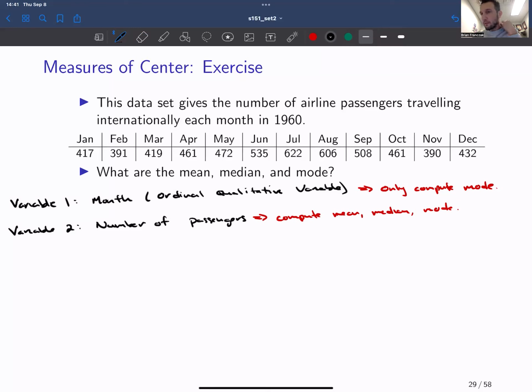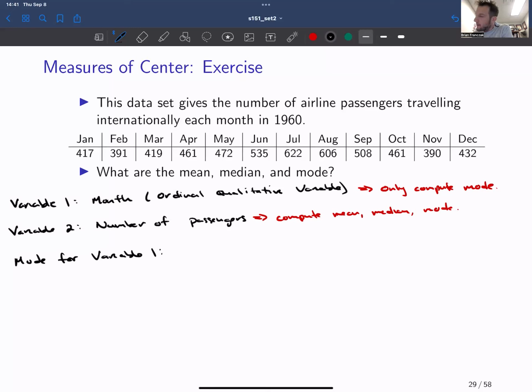In this case, what we're looking for is simply the month that had the highest number of airline passengers.